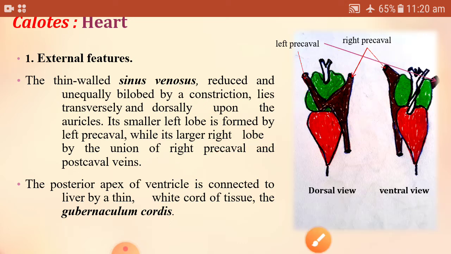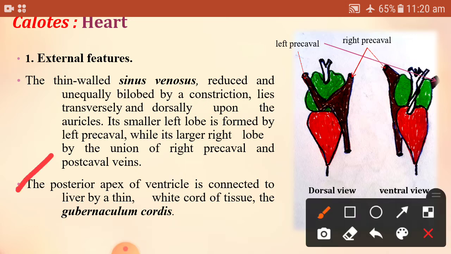Then the posterior apex of the ventricle, the terminal part of the ventricle, is connected to the liver. In this diagram, this is the posterior part of the ventricle, and it is connected with the liver by a thin white cord-like structure, called the gubernaculum cordis.